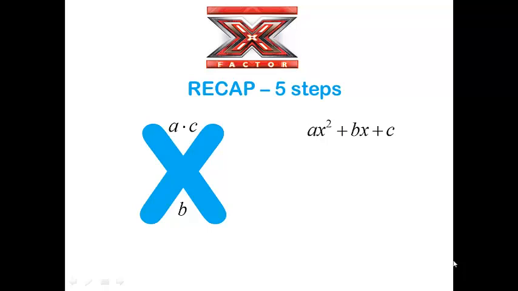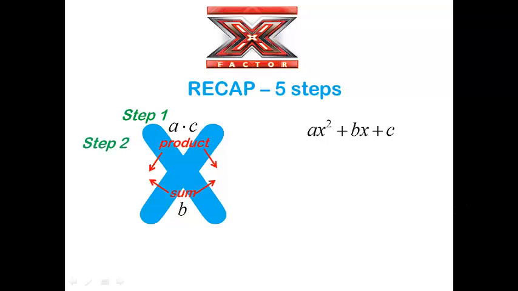Okay, I want to give you a recap of the 5 steps for using the x factor. You're going to put a times c, the AC on the top, b on the bottom of your x, and that's step 1, and then you're going to find what 2 numbers make that product and make that sum.